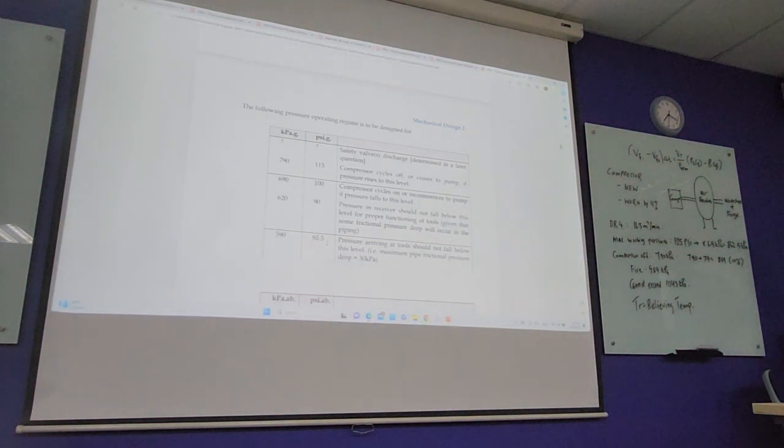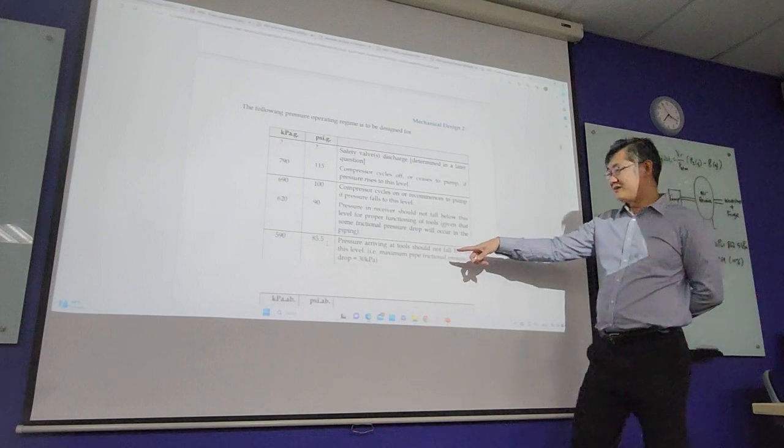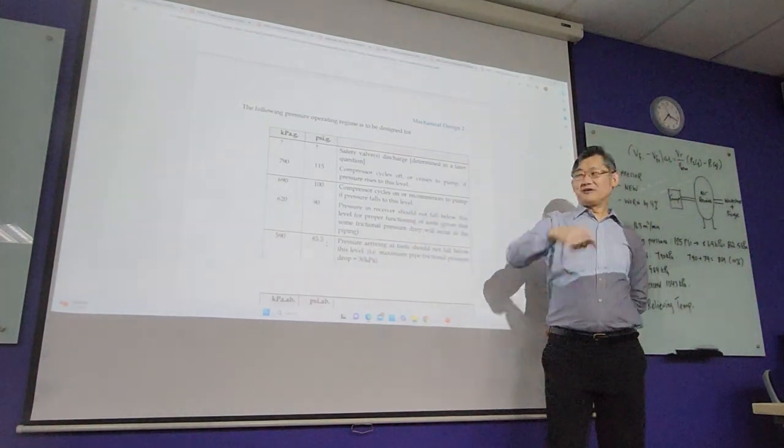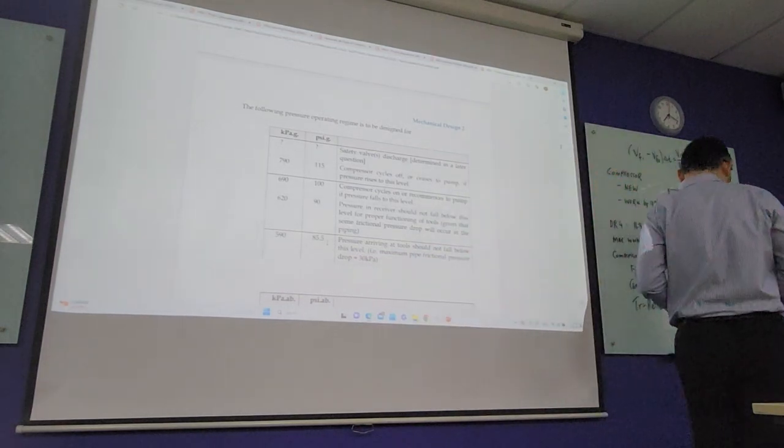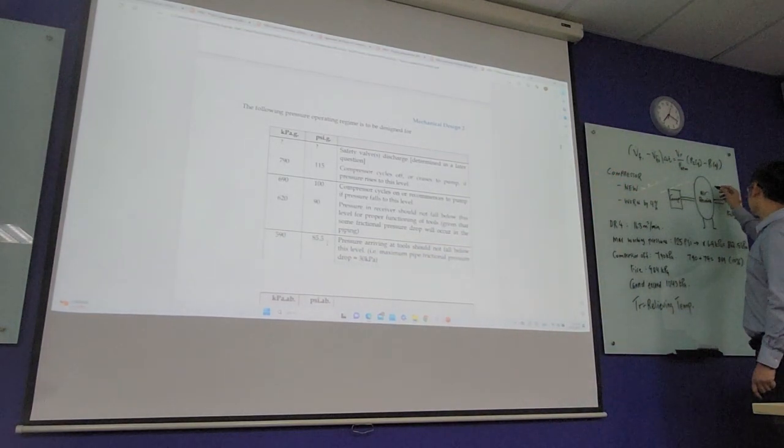What will be the minimum requirement from the air receiver out to the workshop and the forge operation, according to the table here? 590. No, cannot be 590. 590 has to be arriving in the workshop. 620, very good. 620 and minimum 620.